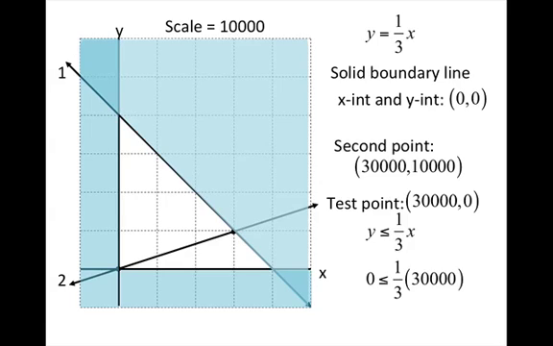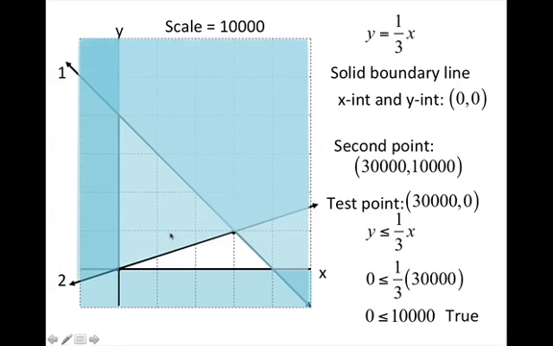Well, 1/3 times 30,000 is 10,000, so 0 is less than or equal to 10,000, and that's true. So that means this point right here, 30,000, 0, is part of my solution. So the area above that line is not my solution, so I'm going to mark it out.